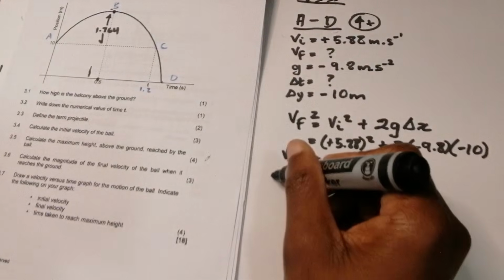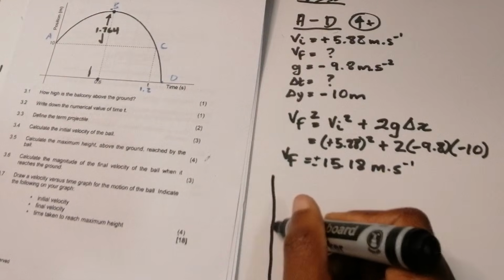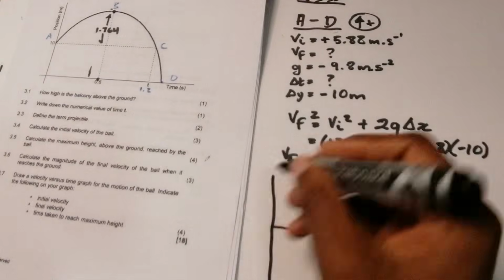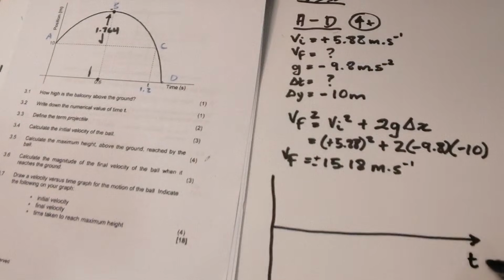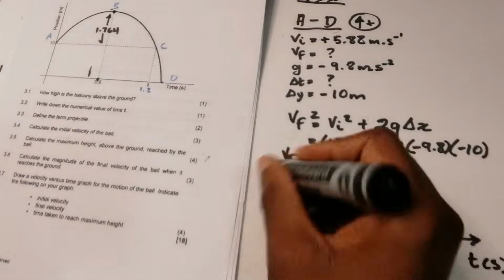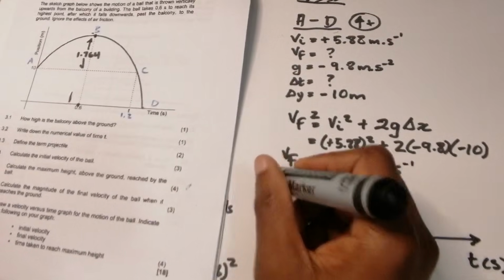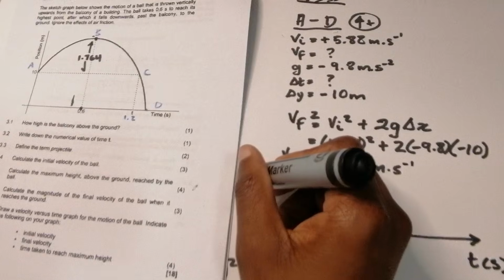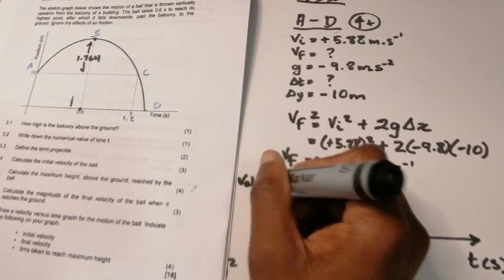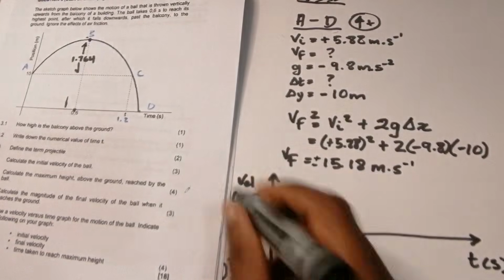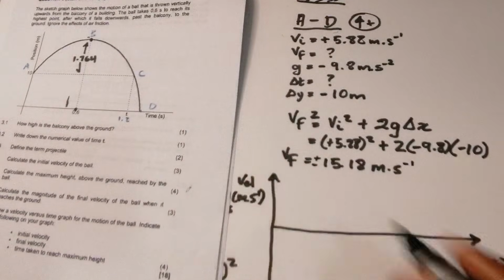Now, remember, velocity, because it is a vector quantity, you must have both a positive and a negative side. So we know this is going to be time and this is going to be velocity, in meters per second. Please don't forget to label your axes, right?